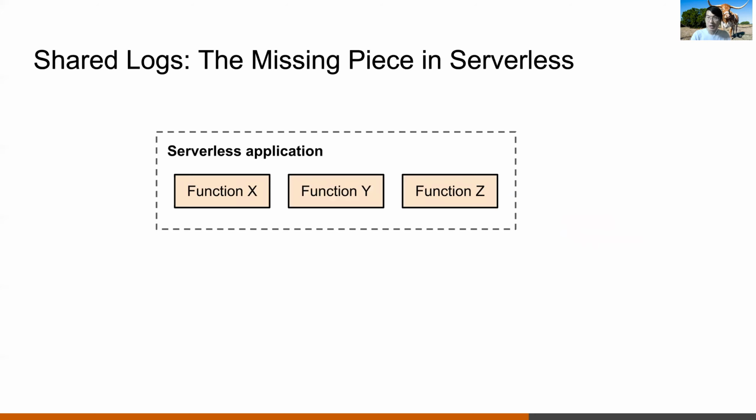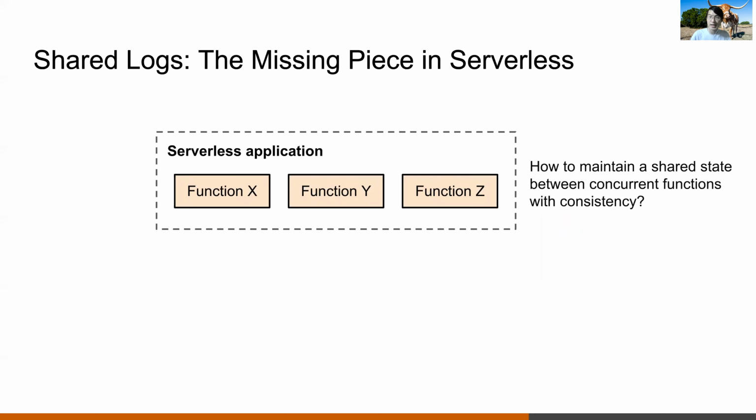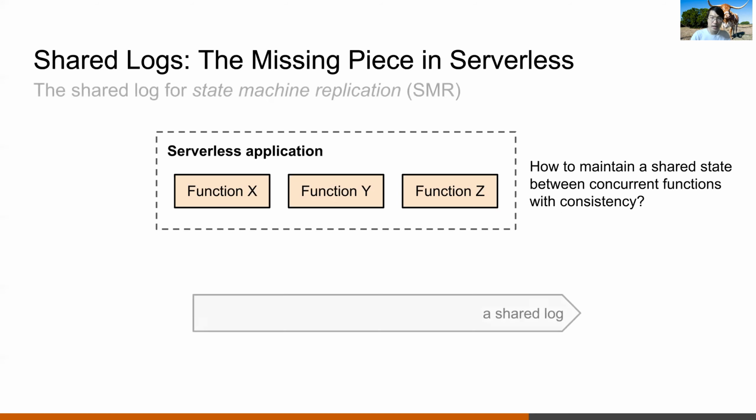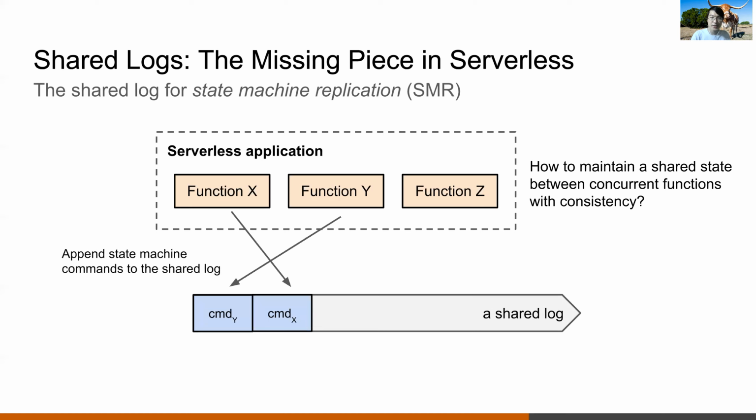Besides write-ahead logging, we can have another use pattern of the shared log. Consider applications consisting of concurrently running functions and how to maintain a shared state between them. We have a classical idea, state machine replication, in distributed systems, and the shared log can provide the storage medium for SMR. In this case, functions X and Y will append state machine commands to the shared log.